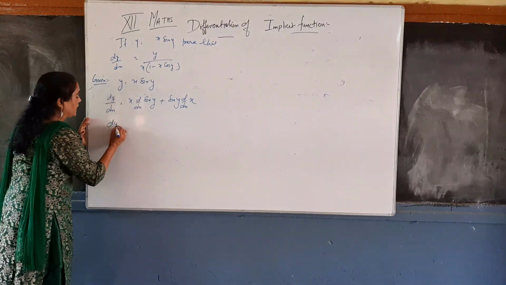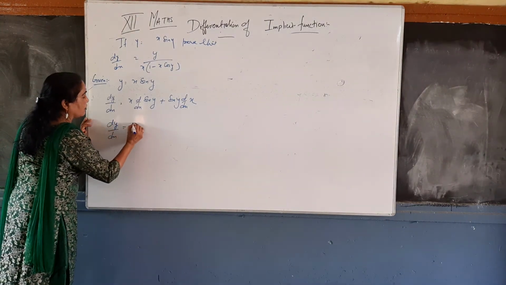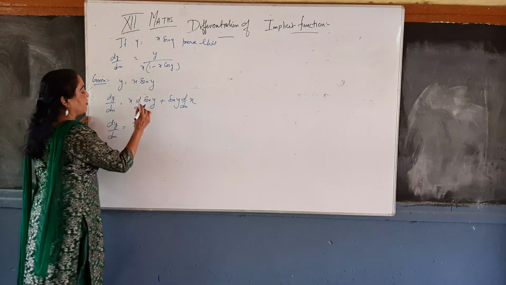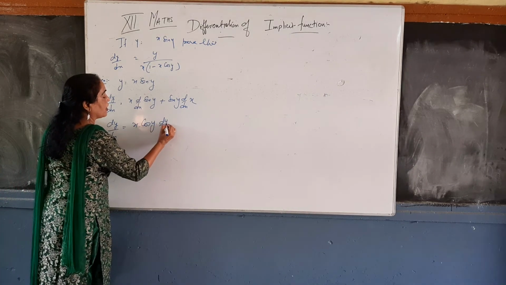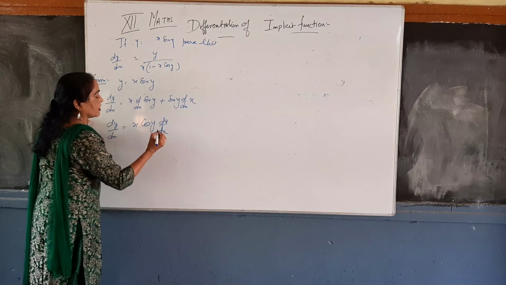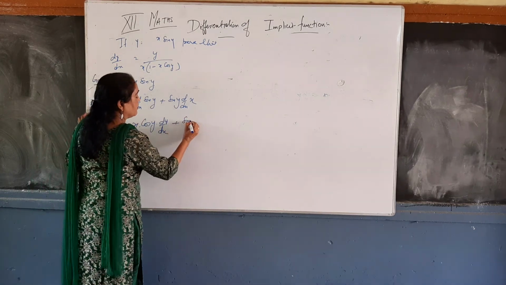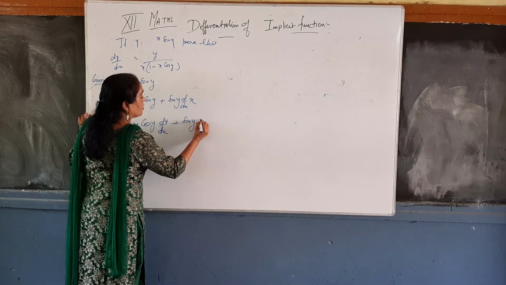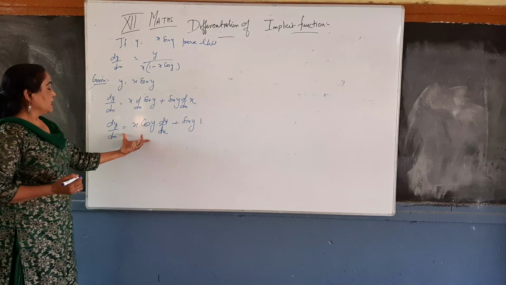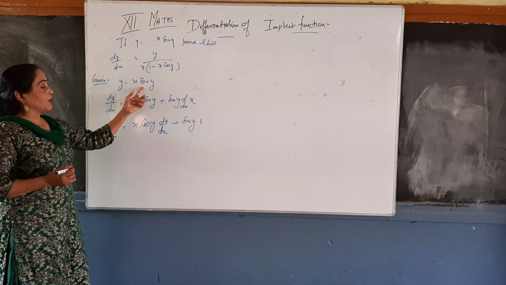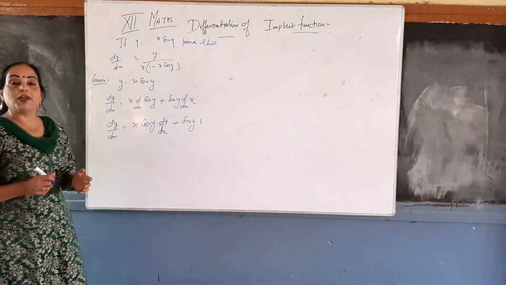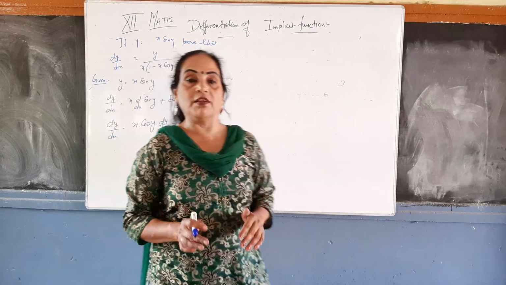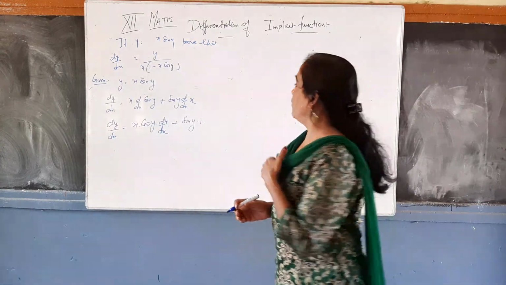So dy by dx is equal to x, the differential of sin y is cos y, and the differential of y is dy by dx, plus sin y into the differential of x, which is 1. Here the product of two functions x sin y is given, so we use the product formula: first function into differential of second plus second into differential of first.